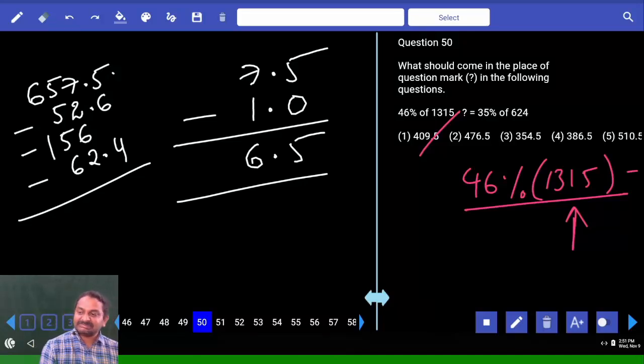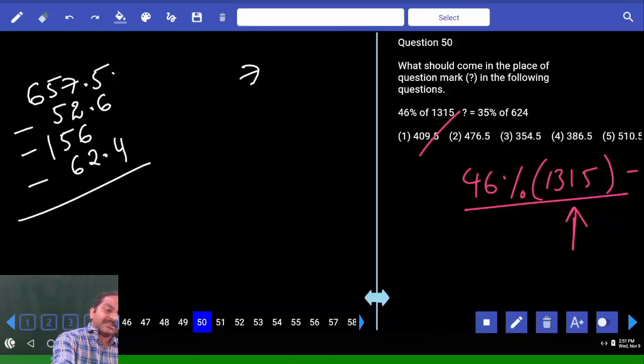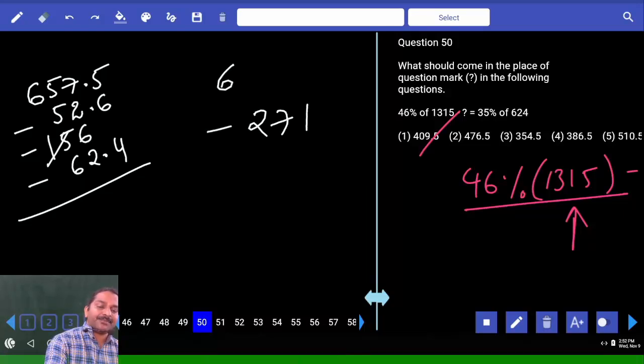2 options to do. Okay. No way out, what else can we do. Let's see. 150 50, 260, 260, 2 plus 6 plus 2, 10, 260 plus 10, 270, and then 1 carry, 271 must be subtracted from 657.5.